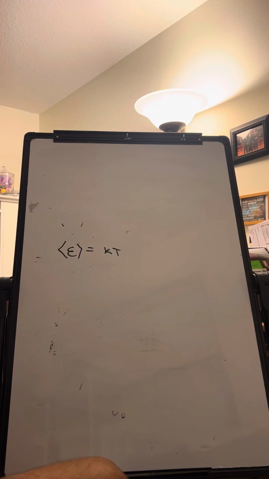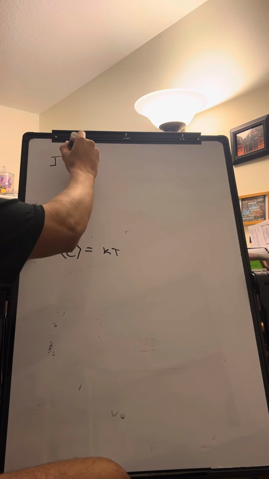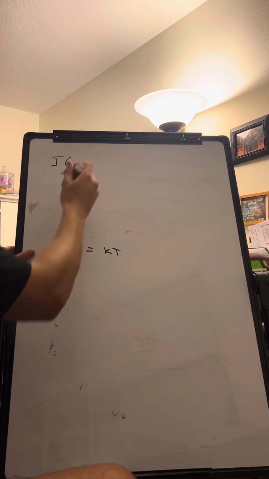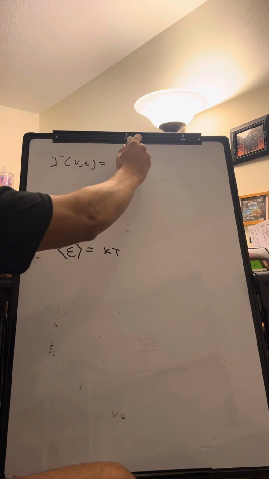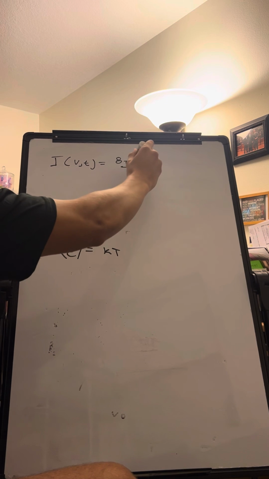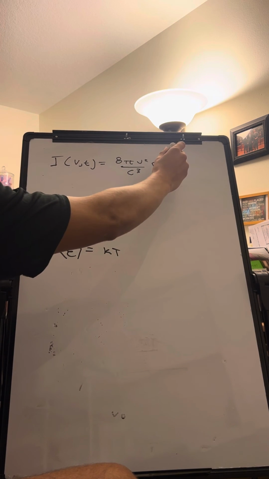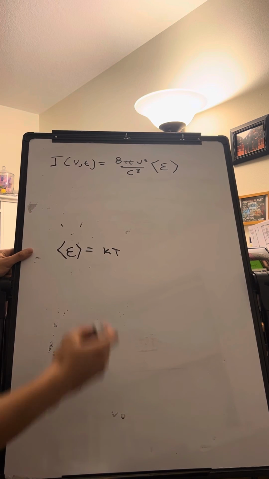Okay, now we have the general equation for intensity again. And now we can just plug in epsilon.